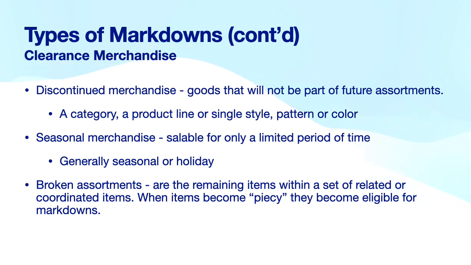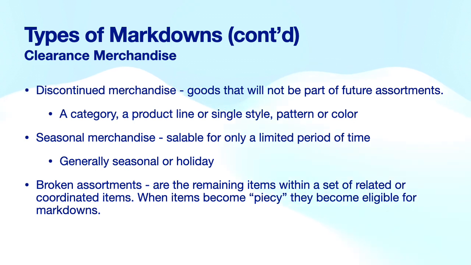Broken assortments are the remaining items within a set of related or coordinated items. When these items become broken, they then become eligible for markdowns. So let's consider women's workwear. Let's say you have a blazer and a skirt and also a pair of pants.